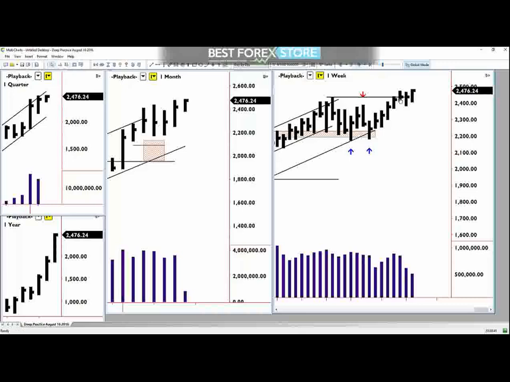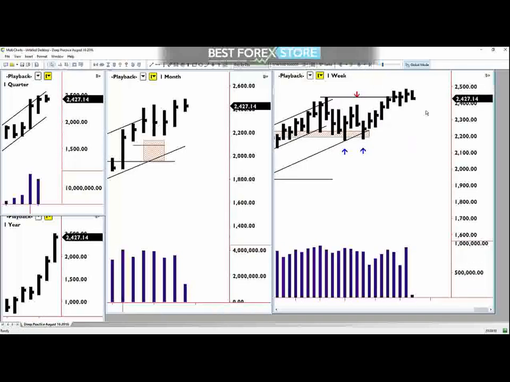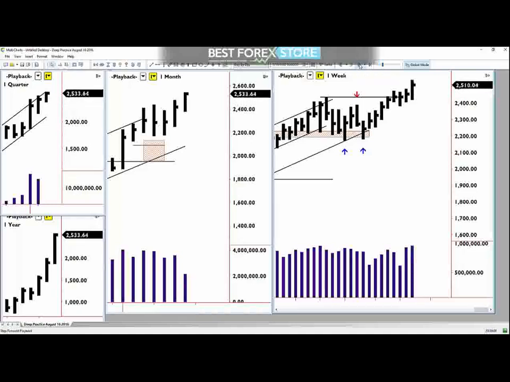Notice that each time it's dipped underneath this level, it pops right back up again. Now more volume is coming in. And the close is still there. This suggests that this is absorbing in here. More volume as we push through.